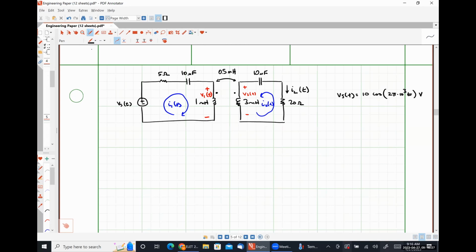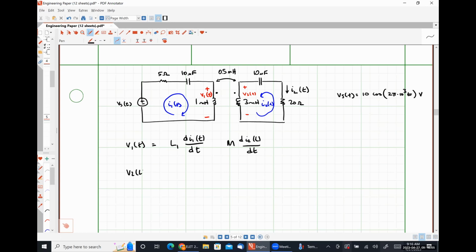We know that V1 of t will be plus or minus L1 di1 of t by dt plus or minus m di2 by dt.